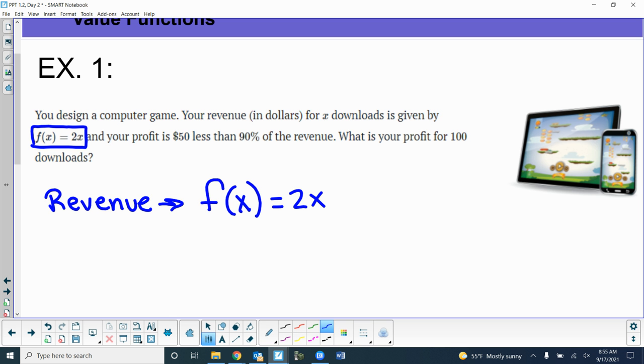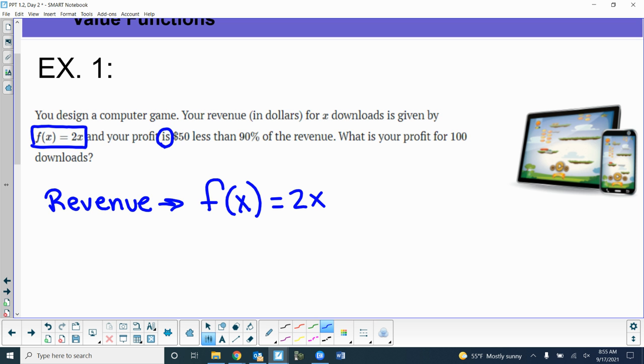All right. Our profit, what's profit? Right, what you make over your cost. You have to pay off whatever it is, your workers or your setup fee or all that stuff, and then whatever is above those costs is your profit. So it says profit is.